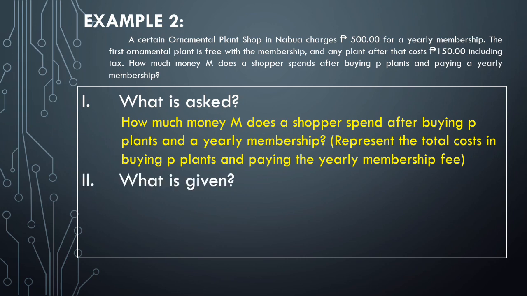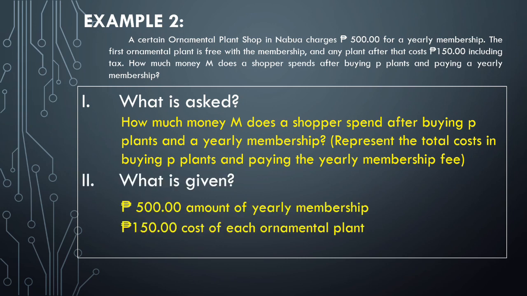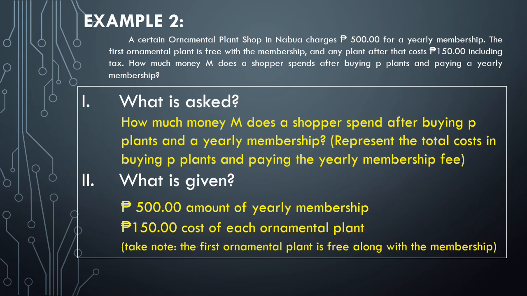What is given? We have 500 pesos, which is the amount of the yearly membership, and 150 pesos, the cost of each ornamental plant. And take note, class, that the first ornamental plant is free along with the membership.